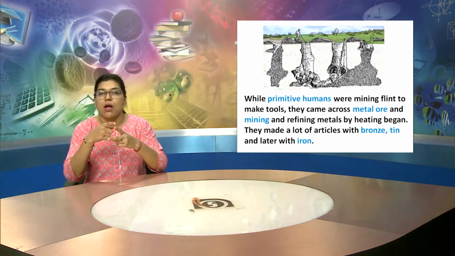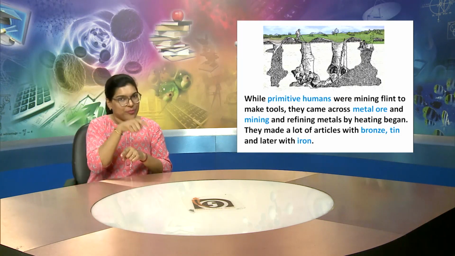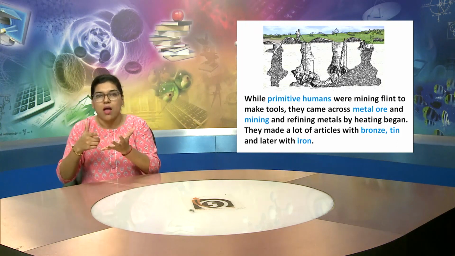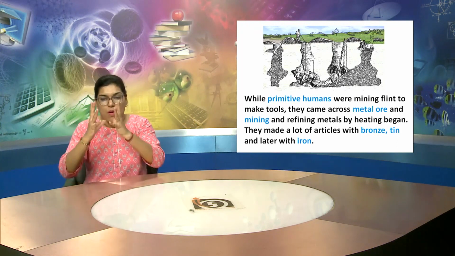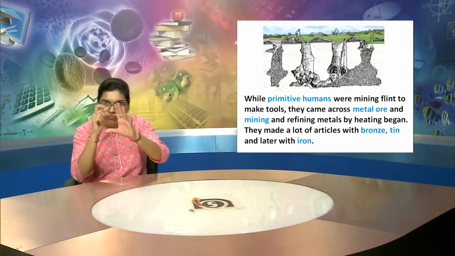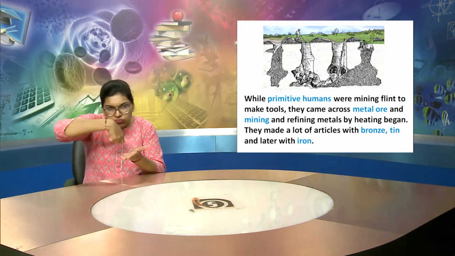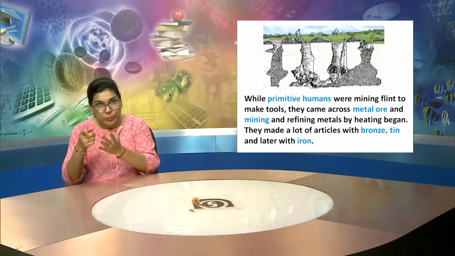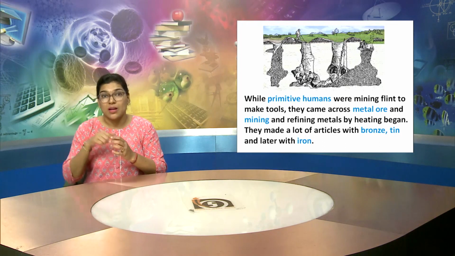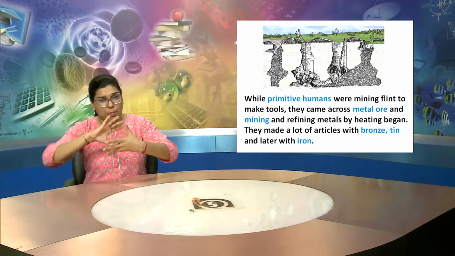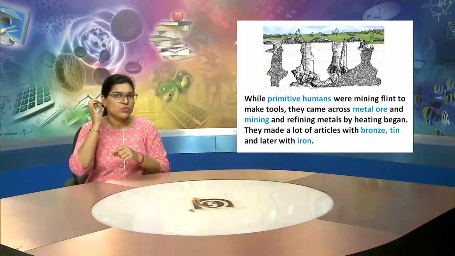When they found all those different metals and their ores, they also came to know that by heating those metals, they can make lots of articles with different kinds of metals, like with bronze, with tin, and also with iron.